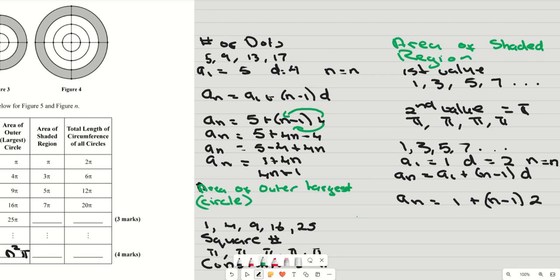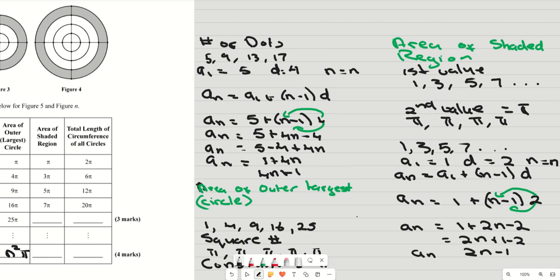According to the laws of distribution, you're multiplying 2 by each term in the bracket. So that's n by 2 and 2 by minus 1. So an would be equal to 1 plus 2n minus 2, which is equal to 2n plus 1 minus 2. That's 2n minus 1. So my nth term would be 2n minus 1.